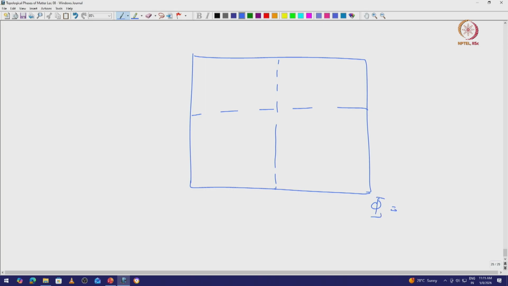As you change the magnetic field, you change the flux, right? And as you change the flux, you write the bands. How many bands? P bands, and the number of bands will also keep on changing, and you get patterns which are like this, energy levels.